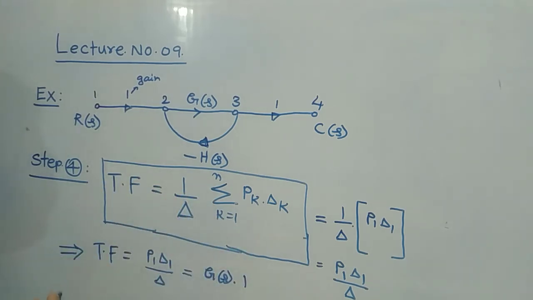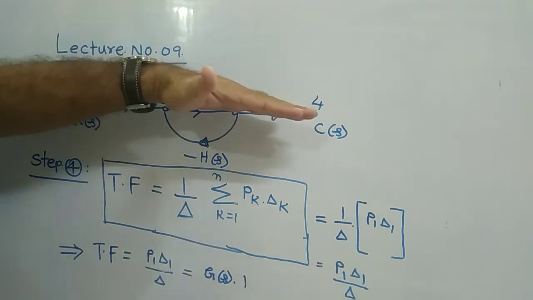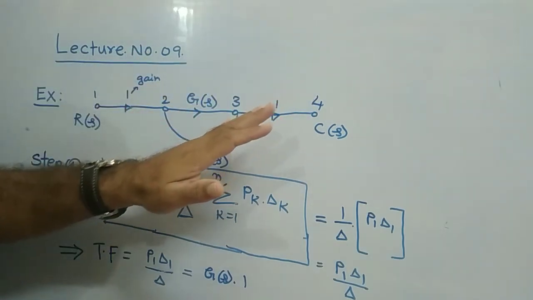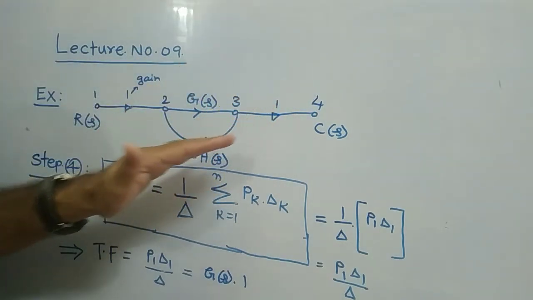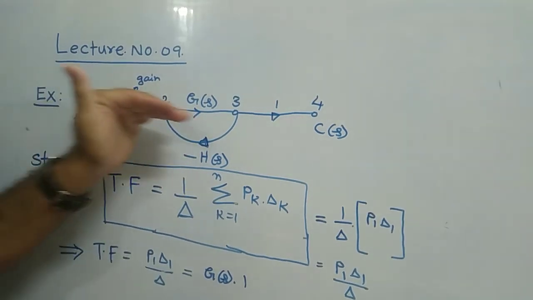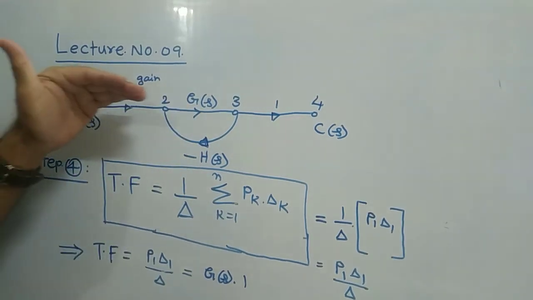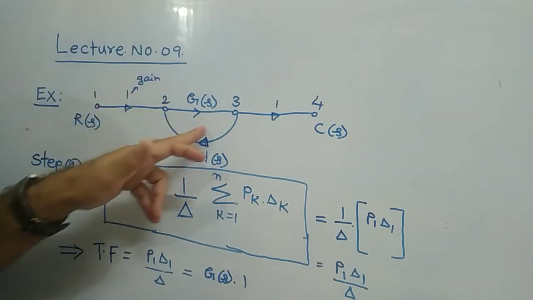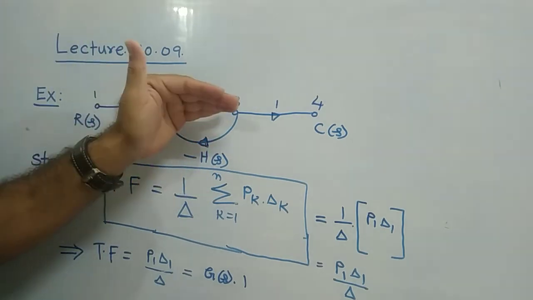Why? Because delta 1 is the value of delta associated with the first forward path. How will delta 1 be identified? Delta 1 comes from the individual loop that is touching that first forward path. Therefore in the given problem we have the first forward path and one loop, and that available loop is touching the first forward path.